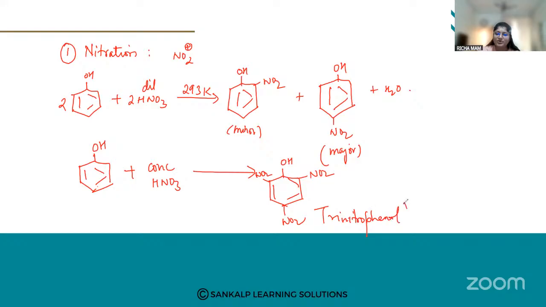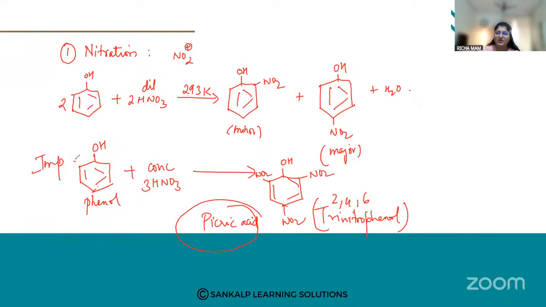They will ask you to write the structure for picric acid, so you have to write this structure. You react phenol with concentrated HNO3 to get 2,4,6-trinitrophenol, which is known as picric acid. This is a very, very important reaction.